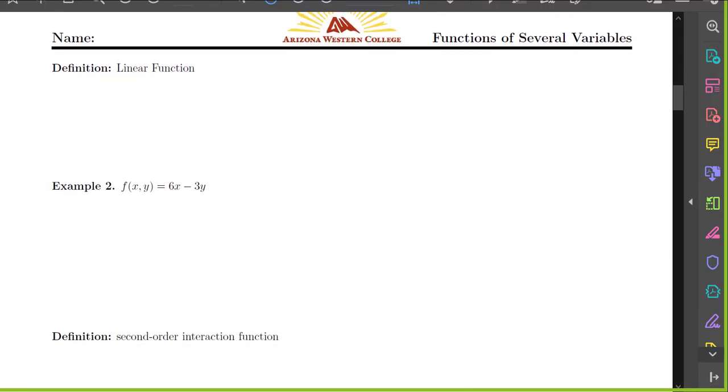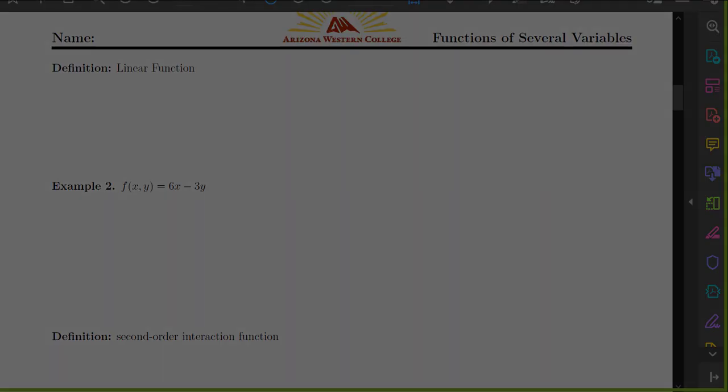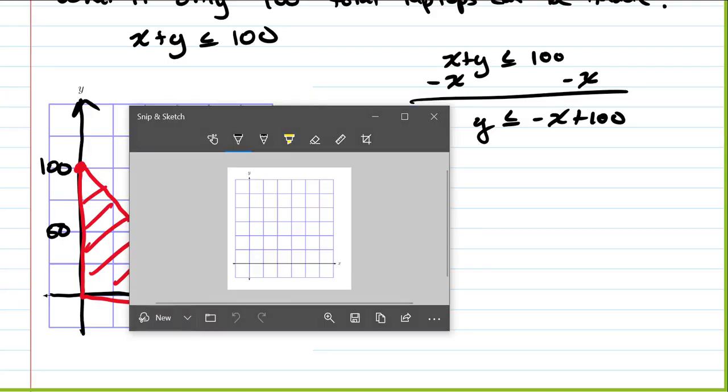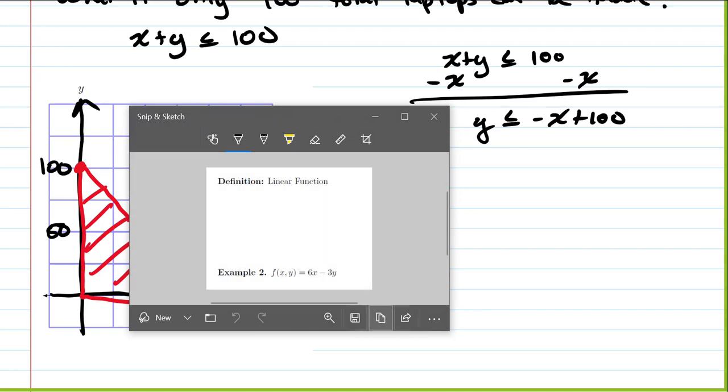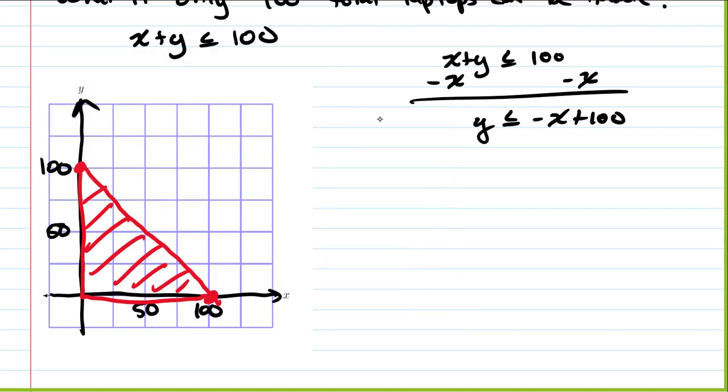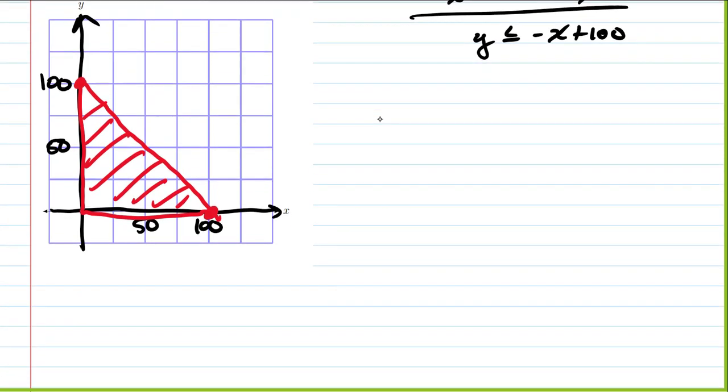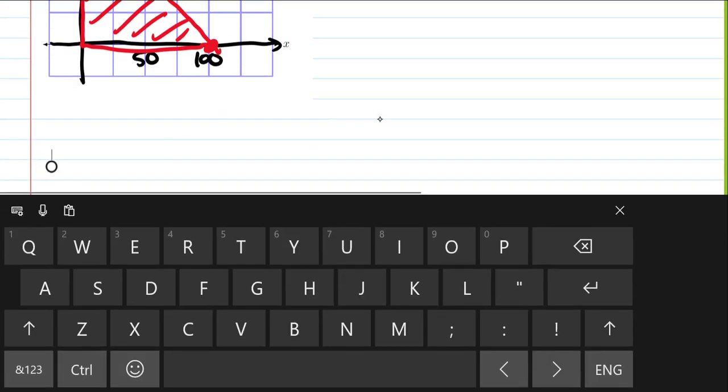So now I kicked the notation around for a second, and I said linear function, but we're going to make it very, very formal now. So we've got our graphs, our domain. So let's talk about the formal definition of a linear function.